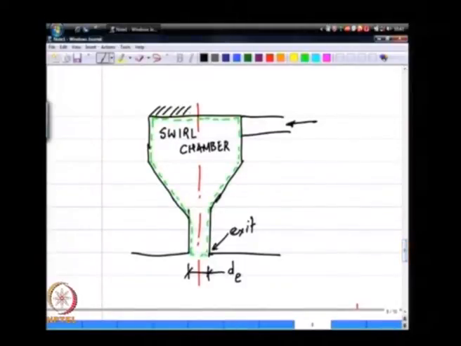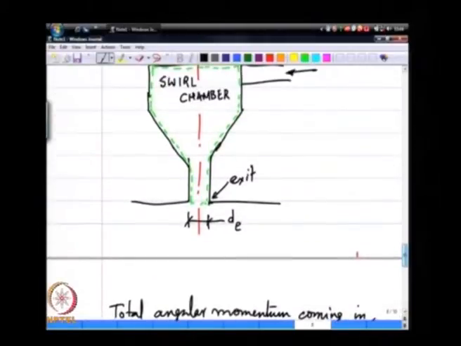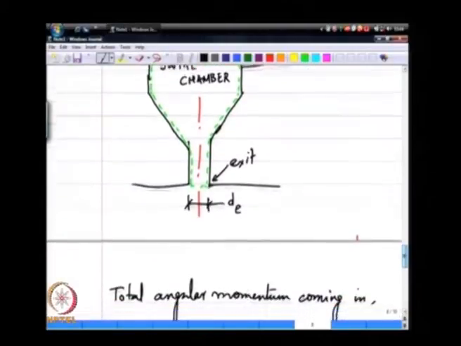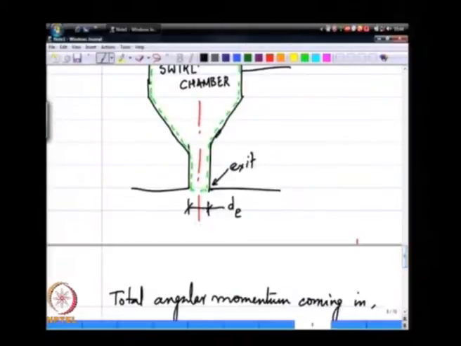this part of the wall is essentially exerting a downward force on the fluid, causing it to generate an axial momentum. Okay. So, this axial momentum is now going to depend on the mass flow rate divided by the exit cross sectional area divided by the density.